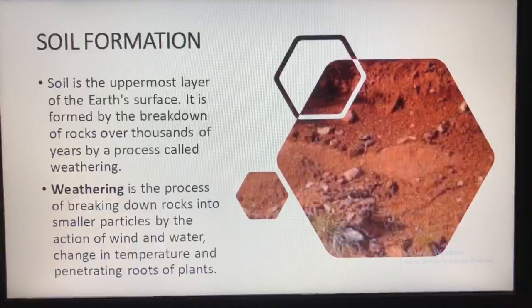Soil is the uppermost layer of the earth's surface. It is formed by breaking down of the rocks over thousands of years by the process of weathering. Weathering is a process of breaking down rocks into smaller particles by the action of wind and water, change in temperature and penetrating roots of plants.